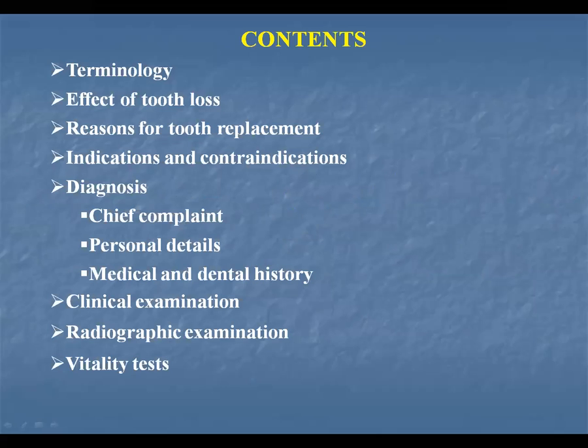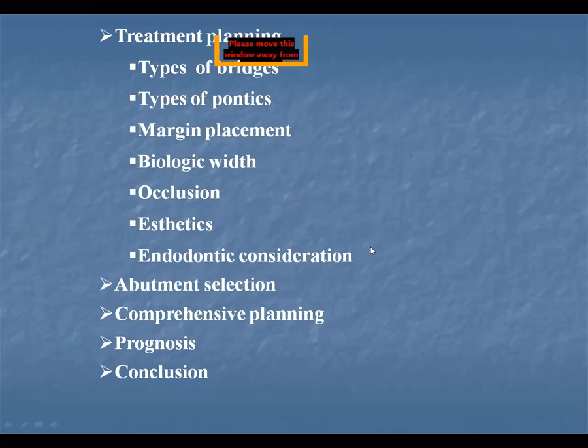The first one is the effect of tooth loss: the basic effect of tooth loss on the fixed partial denture prosthesis and the mouth the patient is having, the reasons for tooth replacement, indications and contraindications, the diagnosis part in total, then the clinical examination, radiographic examination, and the various types of treatment planning depending on the bridges, different contexts, margin placements, and the biologic width. The occlusion, aesthetics, and the endodontic consideration will be considered at the end. So these are the contents for today's topic.